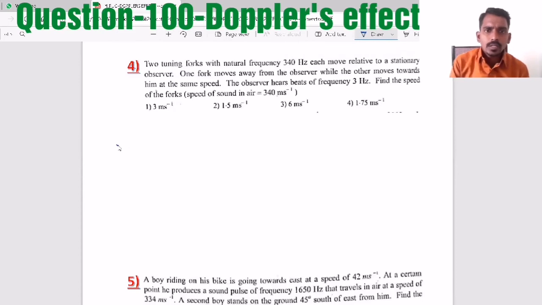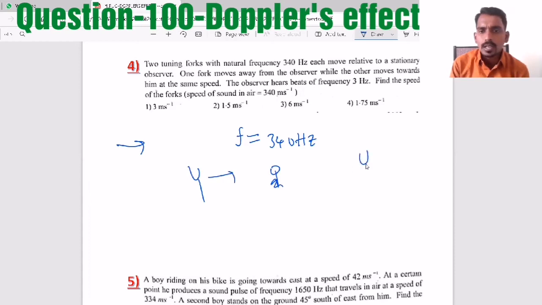Now, two tuning forks with natural frequency 340 Hz each move relative to a stationary observer. One fork moves away from the observer while the other moves towards him at the same speed. The observer hears beats of frequency 3. Find the speed of the forks. See, the original frequency is 340. One tuning fork is coming towards the person, another is going away, so you will receive two different frequencies.